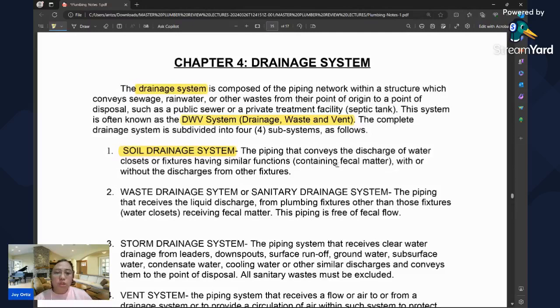Water closets means the toilet bowls, the ones in the CR, where the black water comes from. Black water is the water that comes from our toilet bowls.